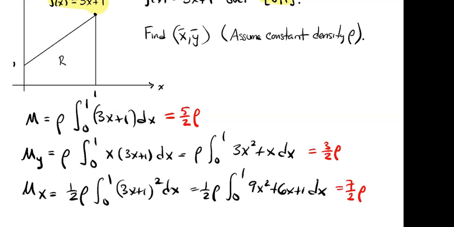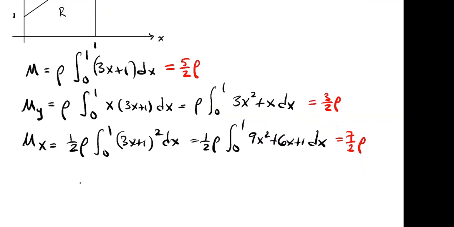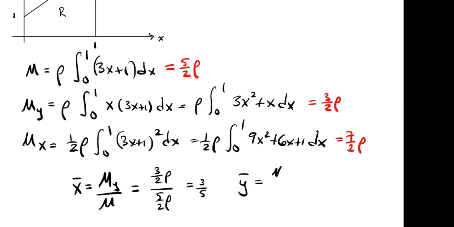Now that we have those three numbers, we can write down the coordinates of the centroid, right? So x bar is my over m. The rhos are going to cancel. So that's 3/2 rho over 5/2 rho, which is 3/5, or 0.6. y bar is mx over m.